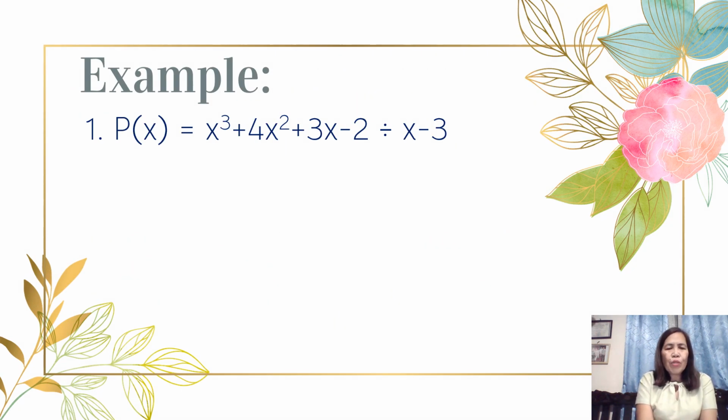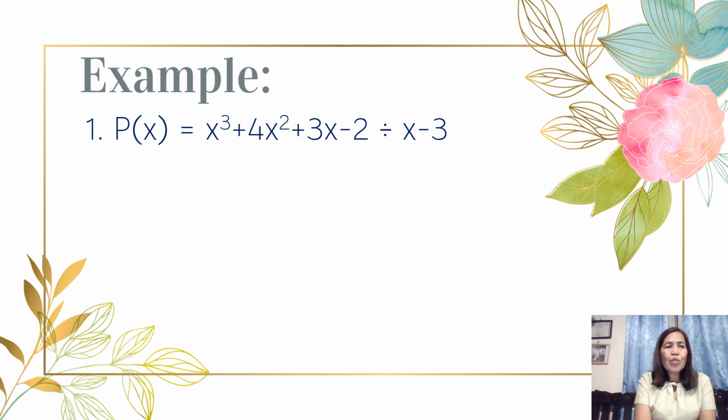P of x equal to x cubed plus 4x squared plus 3x minus 2 divided by x minus 3. Sometimes using synthetic division is quite long. So, minsan, mas mahaba yung paggamit ng synthetic division. Although, I told you a while ago that it's the shortcut of dividing polynomials.